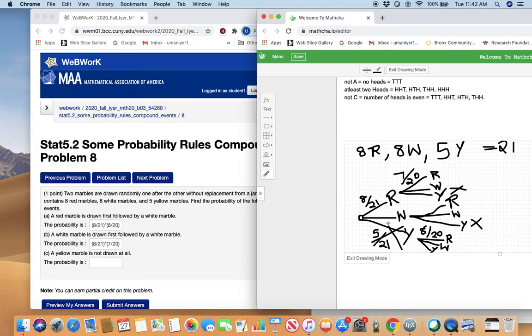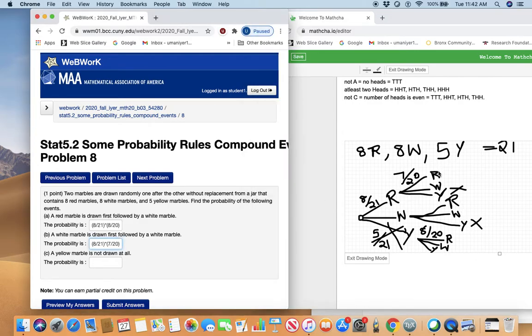Okay, so what do we want? 1, 2, 3, 4. These branches you want. All right. So let's play with them. The first branch is 8 out of 21 times 7 out of 20 plus the second branch 8 out of 21 and 8 out of 20, I'm sorry. Second draw, I have only 20 marbles left.